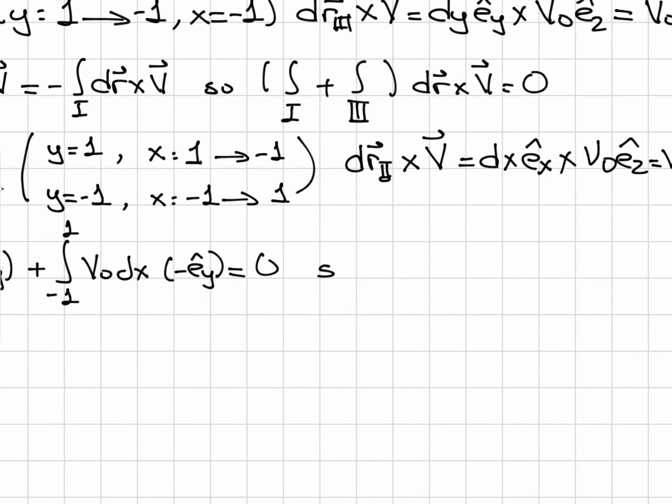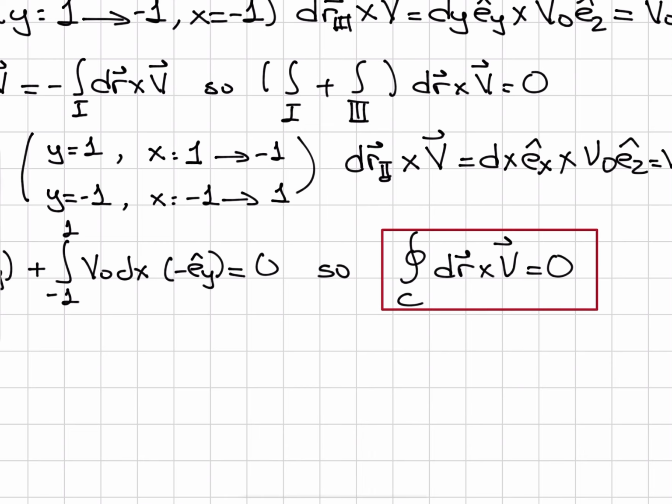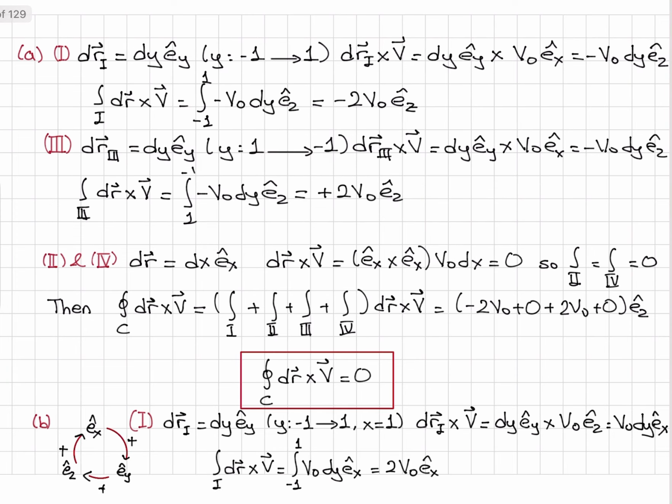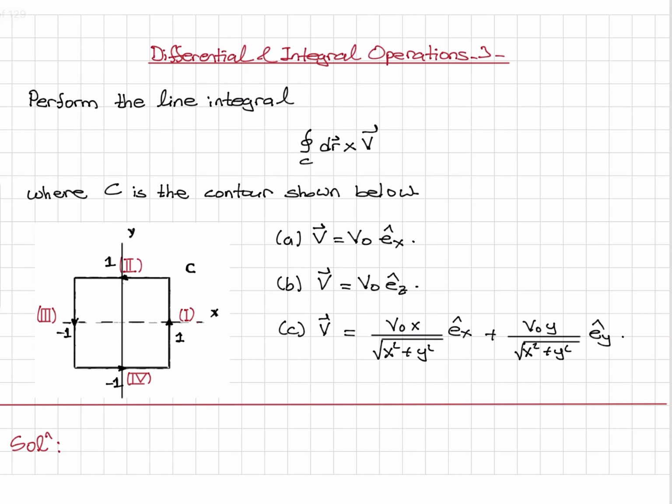So we find that the closed path integral dr cross v is equal to 0 once again, because 2 and 4 give us the same thing, 0, and 1 and 3 also gave us 0. Therefore, the total is going to be 0. So for this part, in part B, we have changed from v0 ex hat to v0 ez hat.